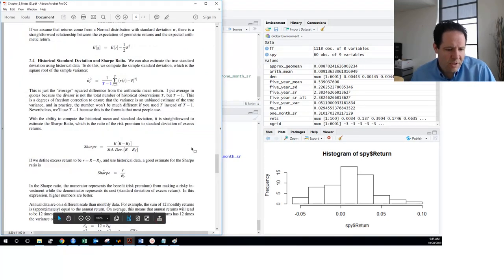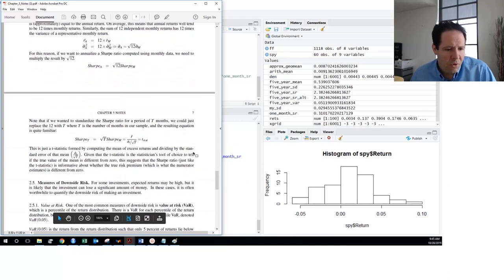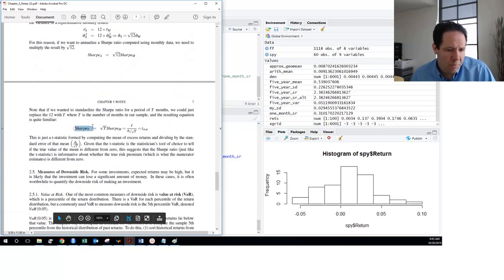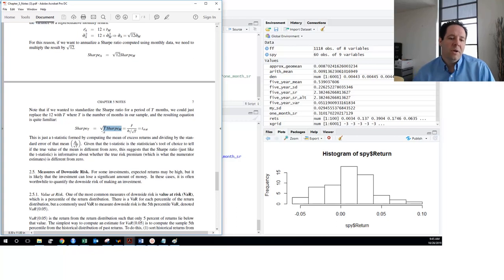You should review this a little bit, but what happens is that the Sharpe ratio is the monthly Sharpe ratio multiplied by the square root of the number of sample periods. What that ultimately is, is the arithmetic mean divided by the standard deviation, times the square root of T, which is the sample size in this context.